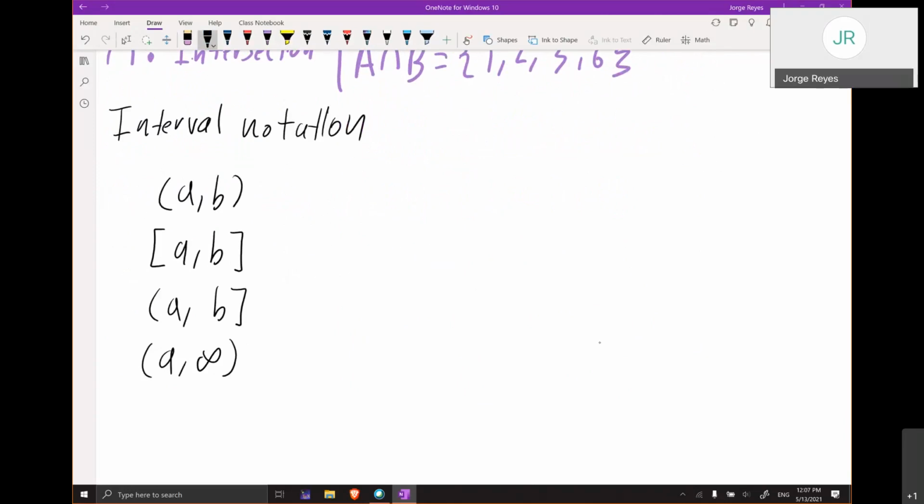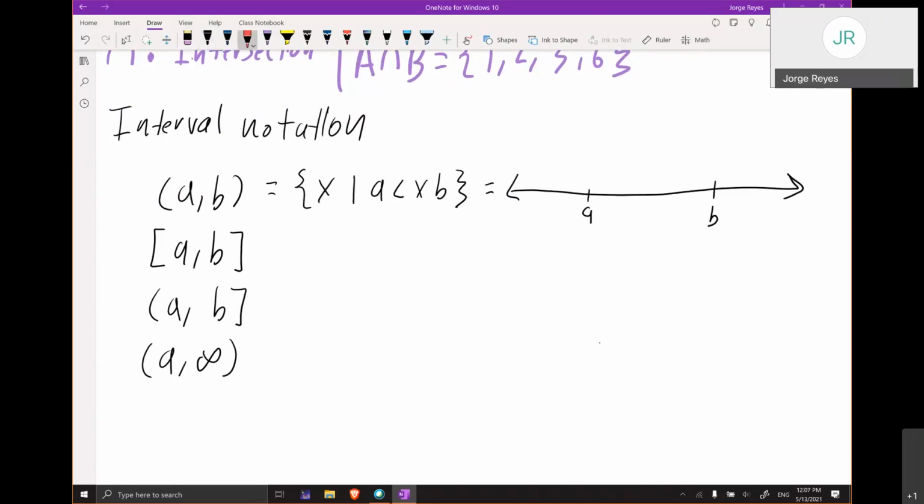Basically what parentheses mean is everything between A and B. If I draw a number line and I have the number A and the number B, we represent this by putting a parenthesis on A and B. Sometimes you learn open circle, whichever one you want, I don't care. This is everything in between.